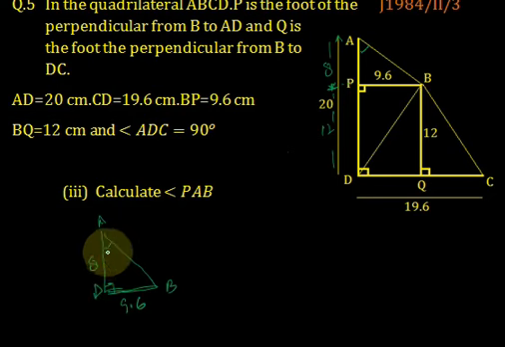Now we have to find this angle. We have to apply the trigonometric ratio here. From the angle, it is perpendicular and it is adjacent, so we must apply tangent.